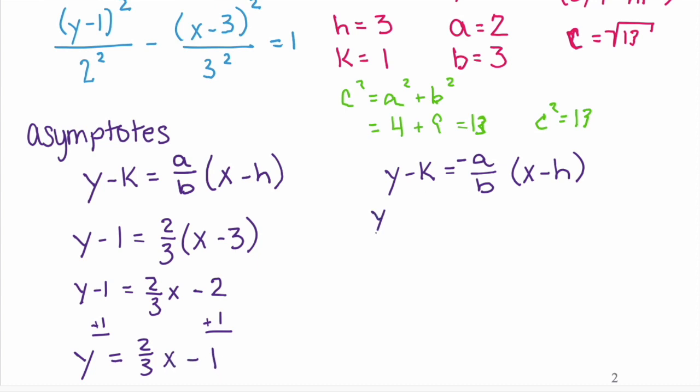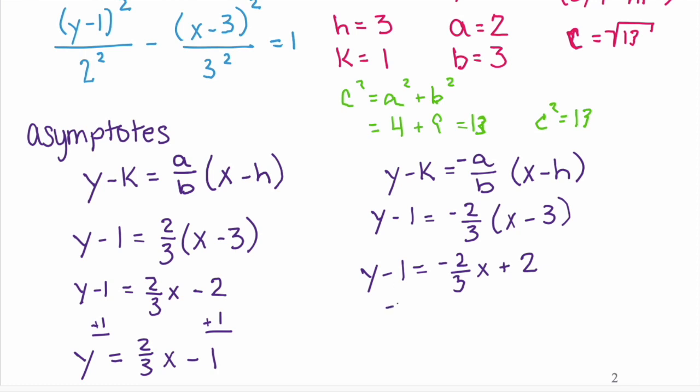Okay, the second one, I have y minus 1 equals negative 2/3 times x minus 3. Let's distribute that negative 2/3. So negative 2/3 x plus 2 here. We're going to add 1 to both sides, and the final equation is y equals negative 2/3 x plus 3.